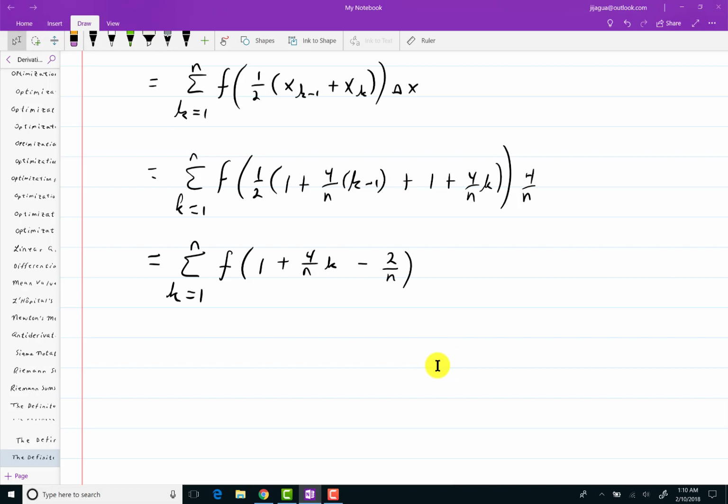Let me pause a moment before I go any further to explain something that's going on here. You'll notice that most of our terms have k attached to them. Some of them just have a number, and some of them have an n but no k attached to them, etc. What happens is the midpoint method is something of a mixture of the left and right hand method.